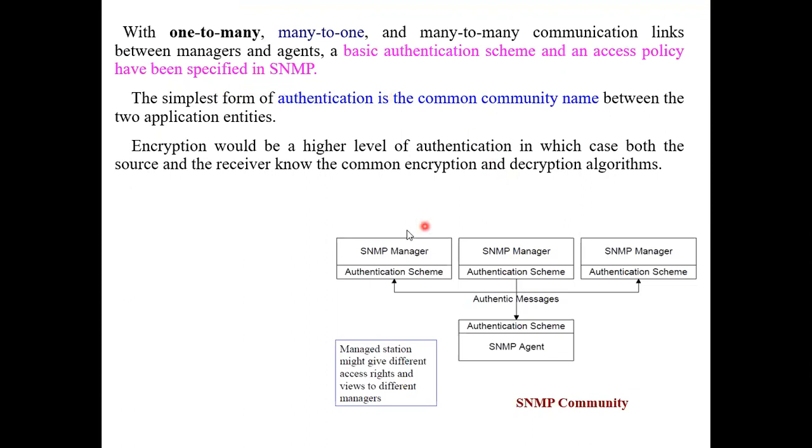Now see, this manager might ask for some data from the agent. This manager will also ask for some specific data from this particular agent. And this manager is also asking for some data from this agent. Now, suppose the second manager is asking for some data which is actually required by the first manager.